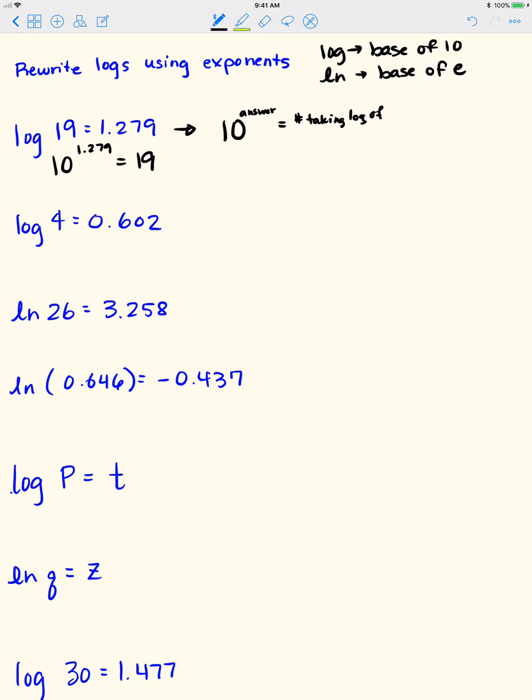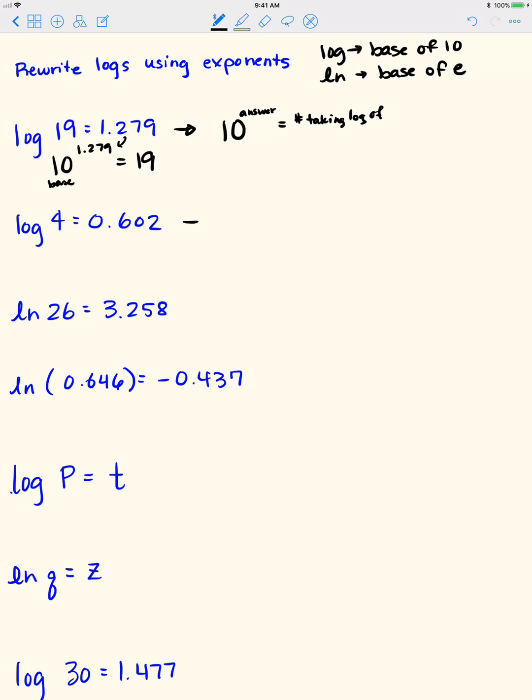There's nothing to really calculate there. It's not exact because the 1.279 is a rounded number. But if you rewrite it in exponent form, you take the base of 10, raise it to the answer, and it'll equal the number that you're taking the log of.